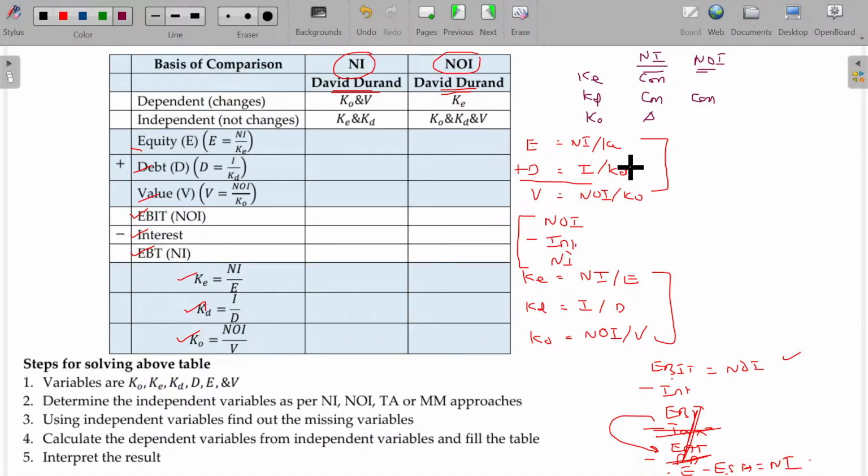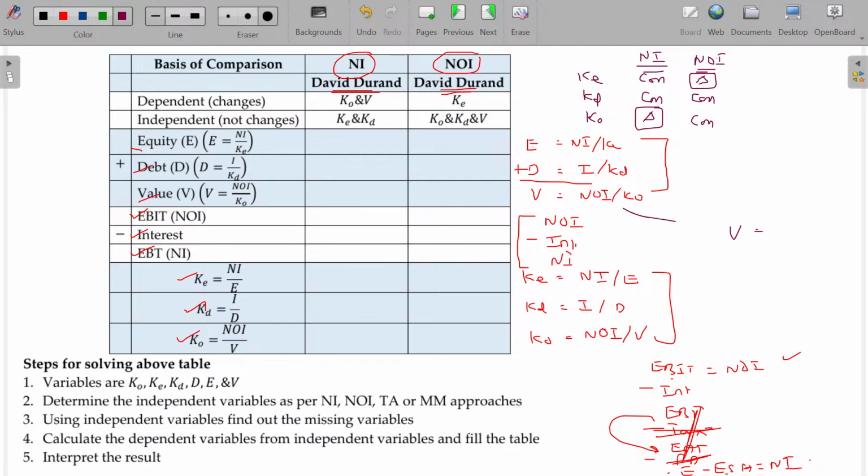Sir, debt is there, it's a risk, so I need more. Then automatically this will be increasing, changing. Because of offering more to the equity shareholders by adding the debenture holders' percentage in our capital structure, the company's benefit is nil. So this will be constant. The main thing you have to understand is that under the NI approach, KO is changing. Under NOI, KE is changing. Clear? Now see, how can you calculate the value?